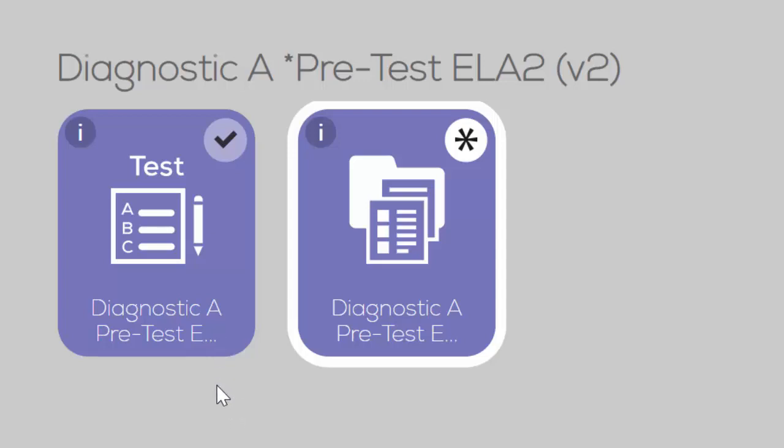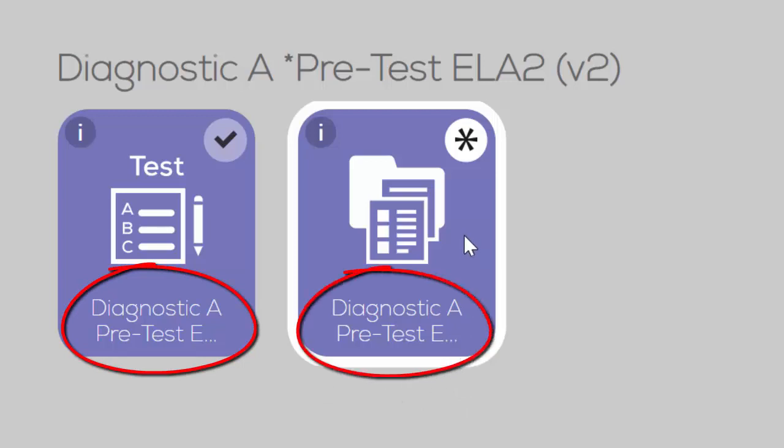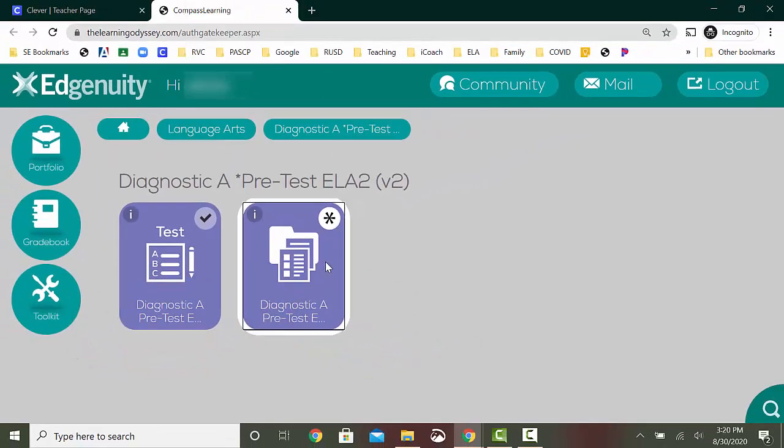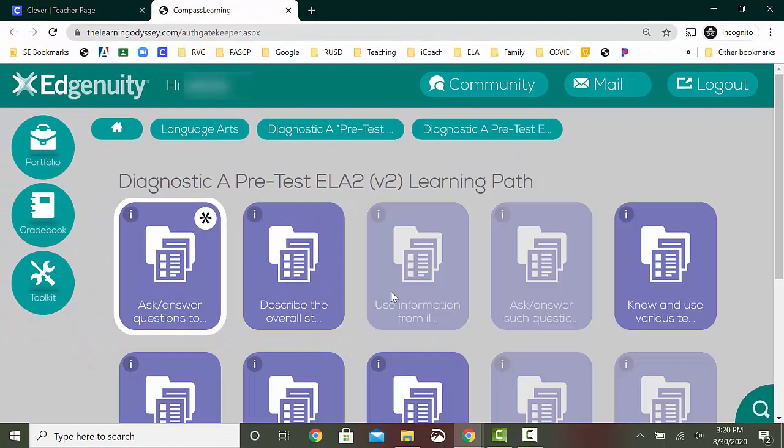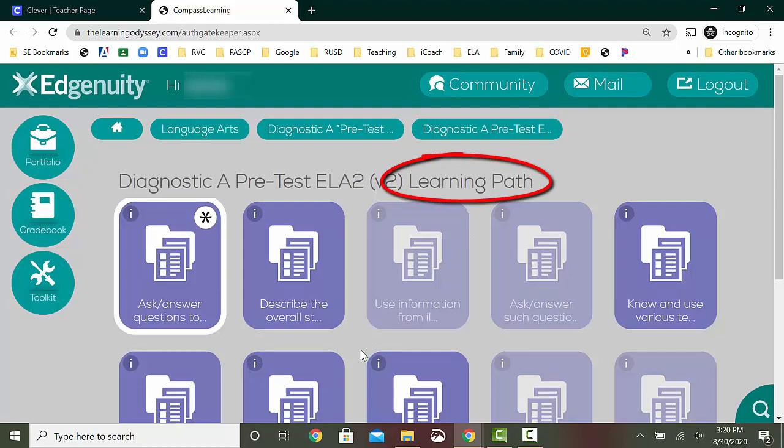In this case, this student has completed that diagnostic pretest and now they're ready to start on their learning path. It is very confusing because both icons are labeled as pretest, but don't let that worry you. When you click on the second icon, you'll see now that it's labeled learning path here at the top.